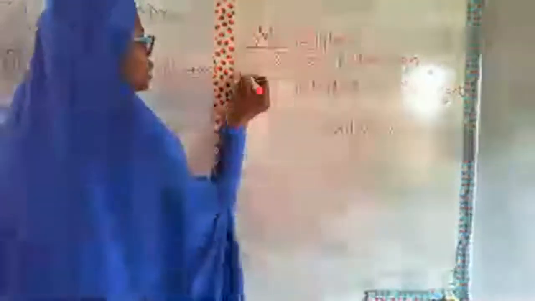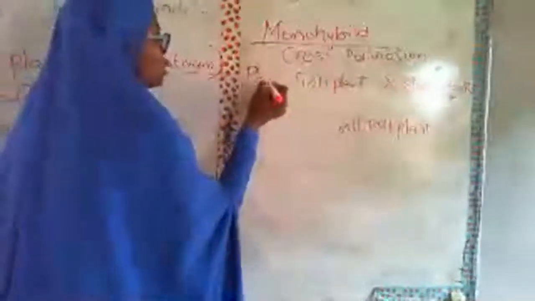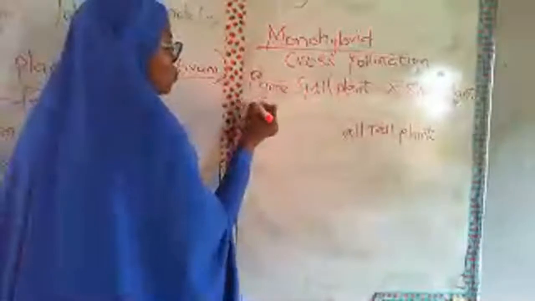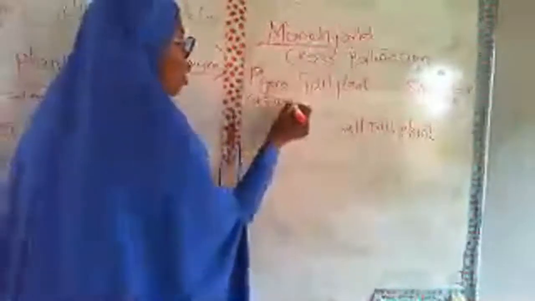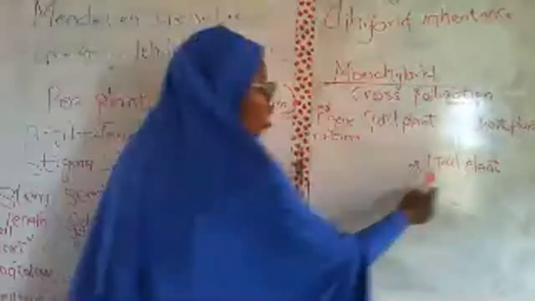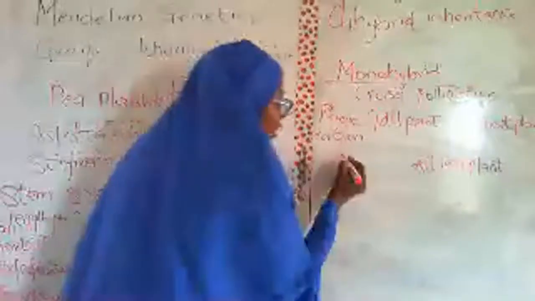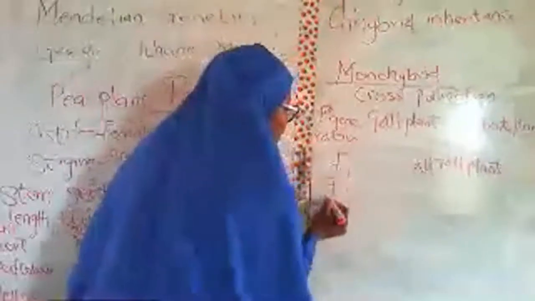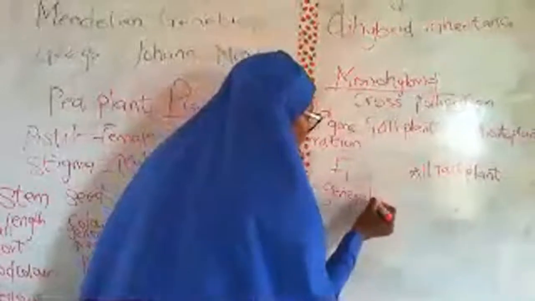Now we call them the P generation, or the parental generation. The reason we call them the P generation is that they are the two individuals that come together to produce the offspring. All these tall plants are the offspring and they are known as the F1 generation.